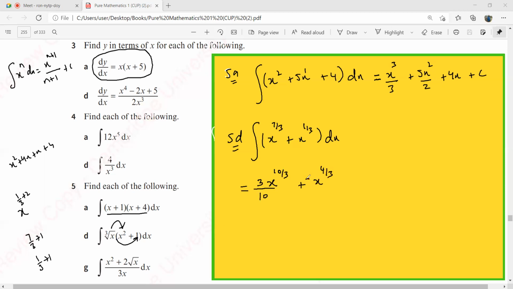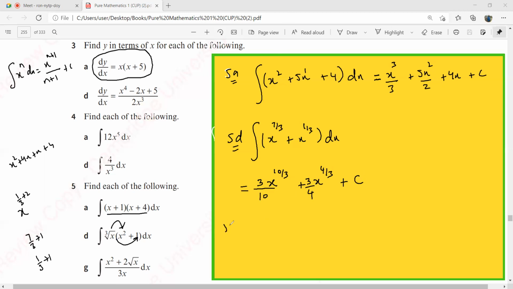And please let me write here 3 by 4. Are you clear why I'm writing 3 by 4 and then 3 by 10 here? Yes. Because the reciprocal of 4 over 3 is 3 over 4, and the reciprocal of 10 over 3 is 3 over 10. Just one more part and then it would be your turn to practice these questions.